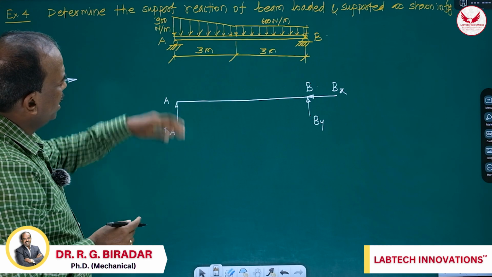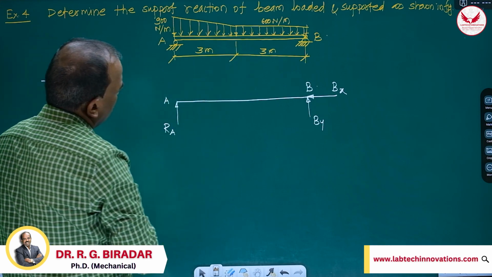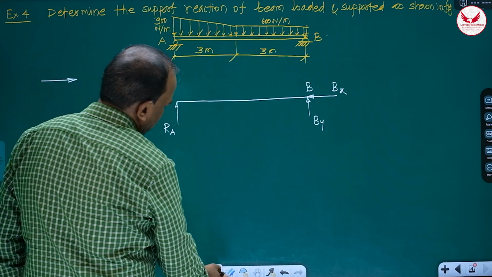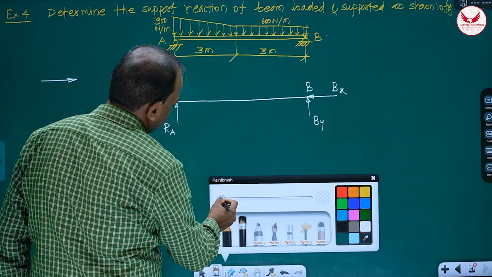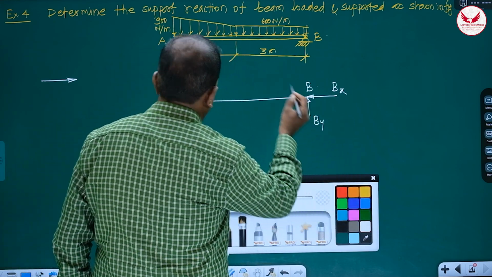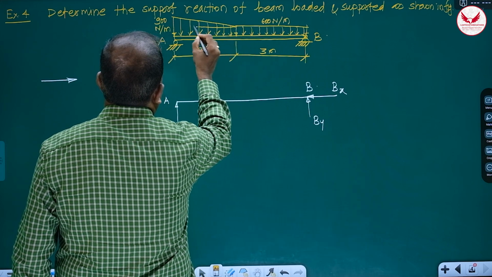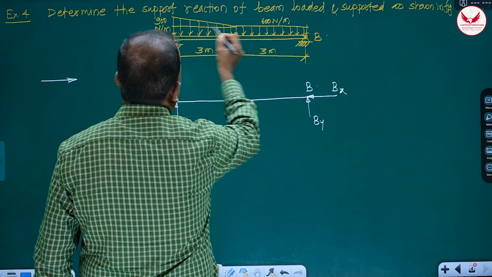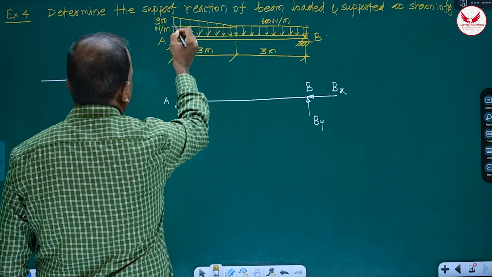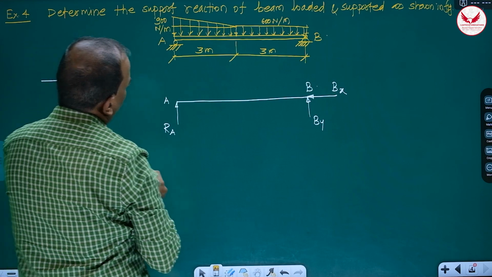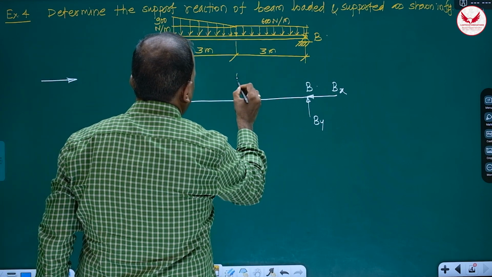Now how can you convert this UDL and UVL into point load? So what I'll suggest, you can consider like this: from this to this, completely this is UDL, and then from this point to this, it is going to be UVL. So as per this lower part, UDL, what will be its conversion point load?